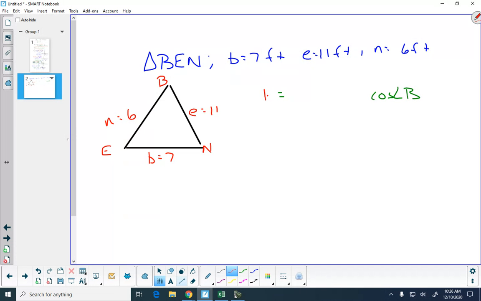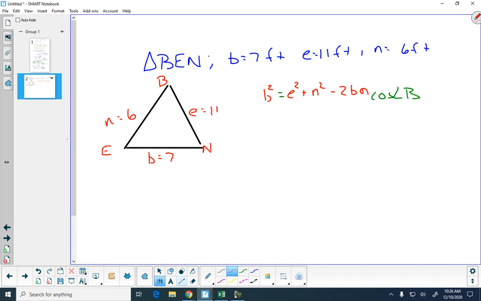B squared is equal to E squared plus N squared minus 2En cosine B. That's correct. Somebody's mic's on. Can you? I'm getting some feedback. Thank you. So we have b squared equals e squared plus n squared minus 2en cosine of angle B.